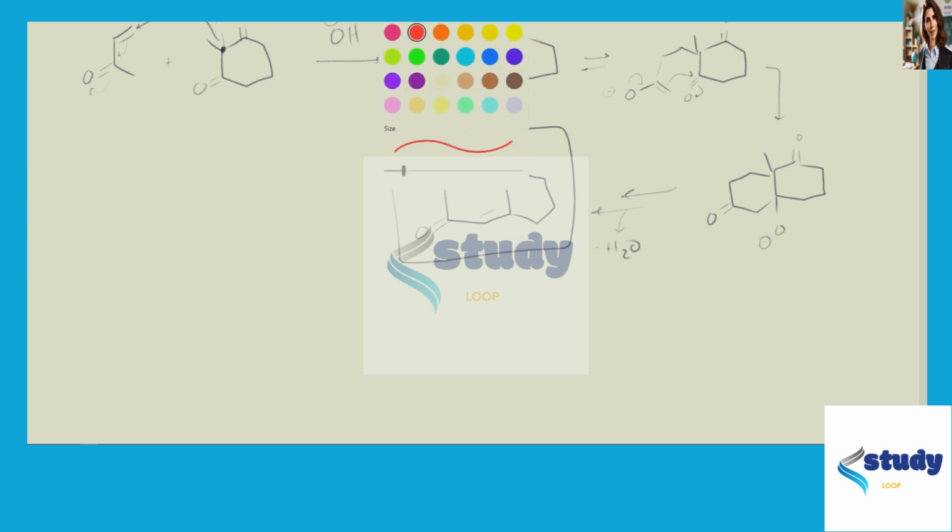If we're to try to map out where our original atom came from, so we have 1, 2, 3, 4. This carbonyl is actually now here. So if you notice, the double bond that was formed is from this carbon, and the original unsaturation is lost.